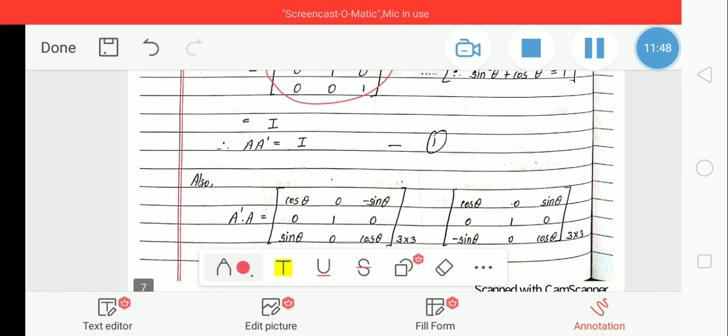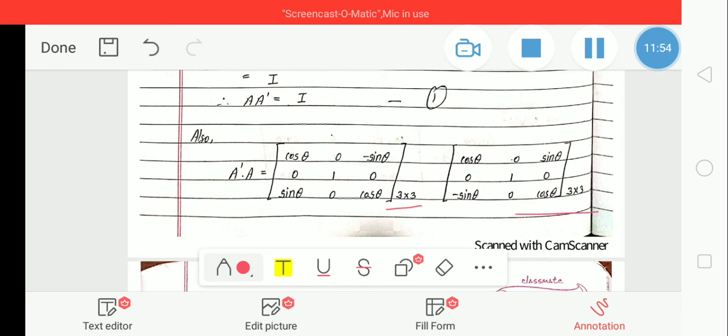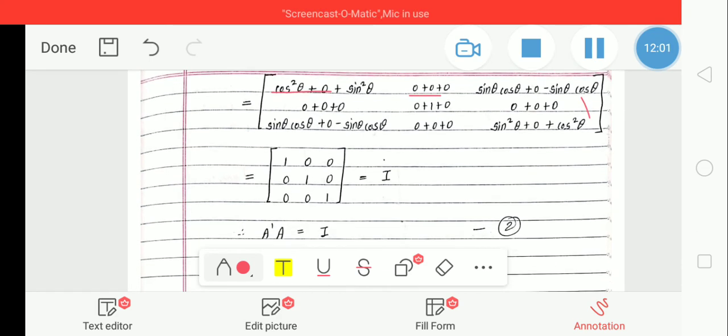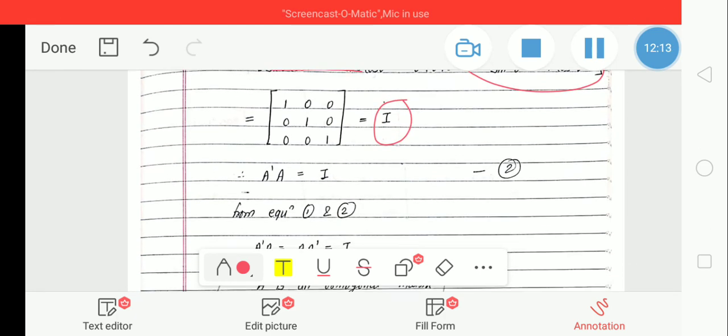We take this as equation number 1. Now A dash dot A. This is also a 3 cross 3 matrix. Again multiply these. So these cancel, plus and minus, and sin square theta plus cos square theta is 1. So 1 0 0, 0 1 0, and 0 0 1. This gives identity.